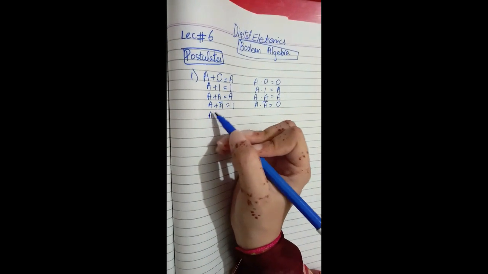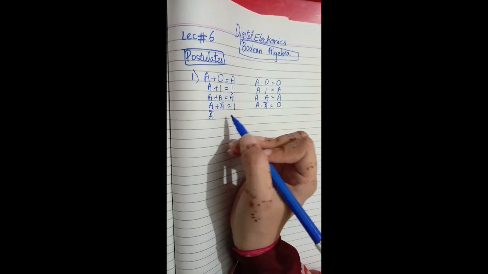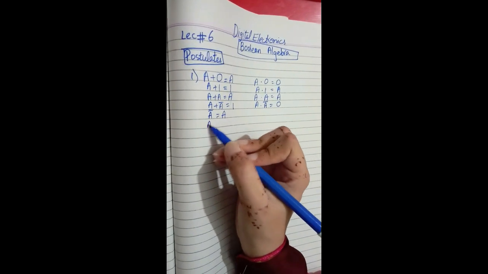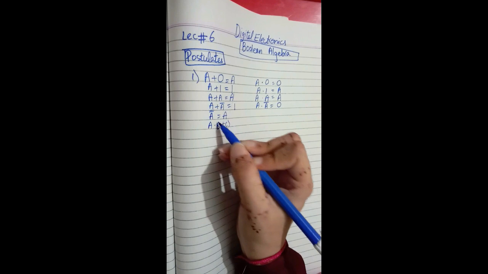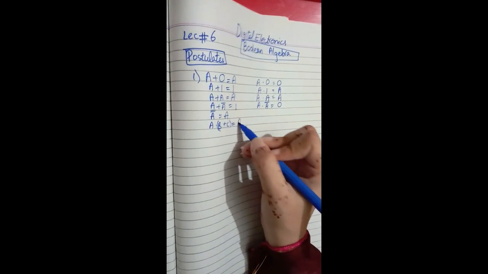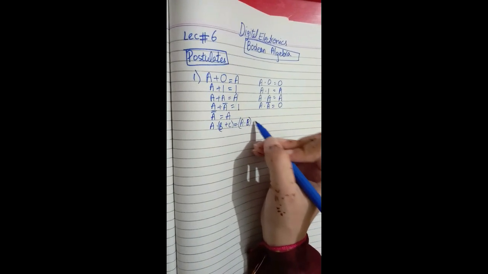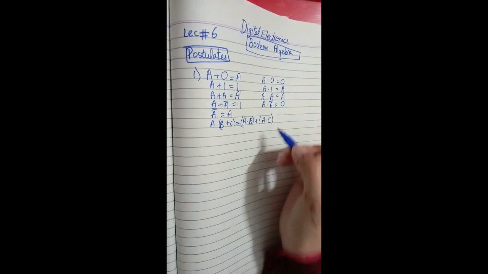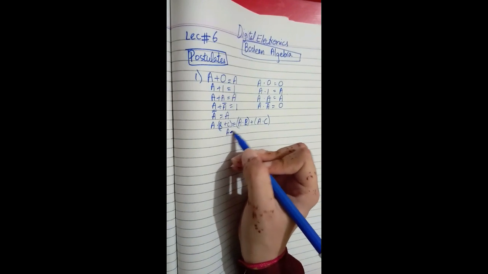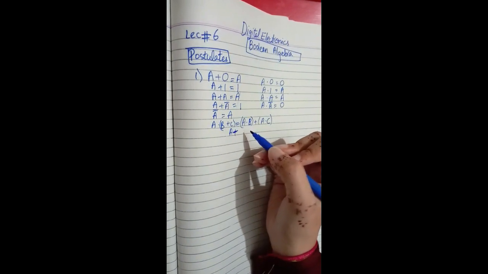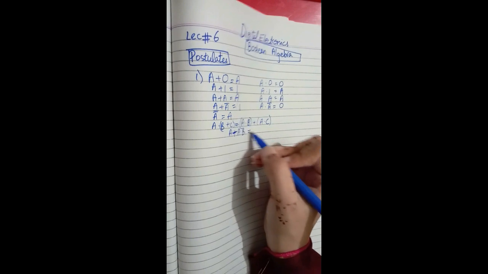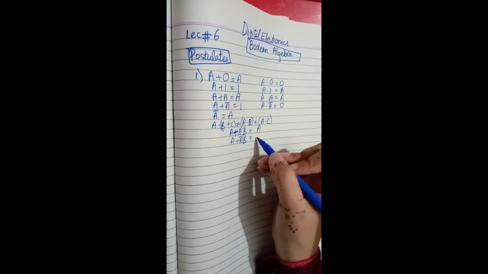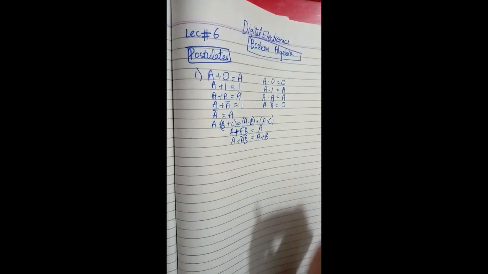We will use them further, so you will know why these are important. A dot (B plus C) is equal to A dot B plus A dot C. We can prove these postulates. This is not a difficult task. I will do one or two for you, and the rest you will do by yourself. A plus A bar B is equal to A plus B.